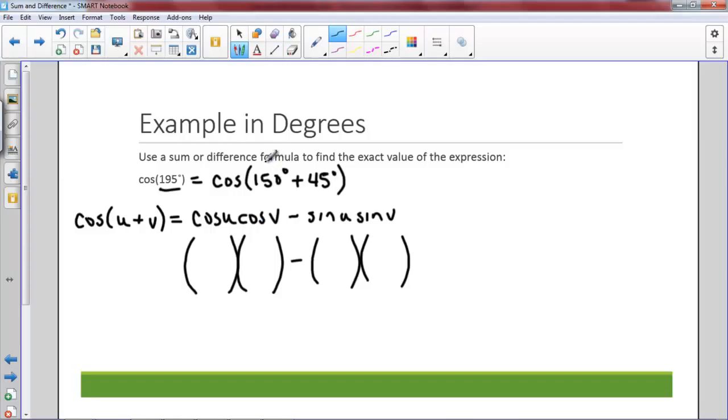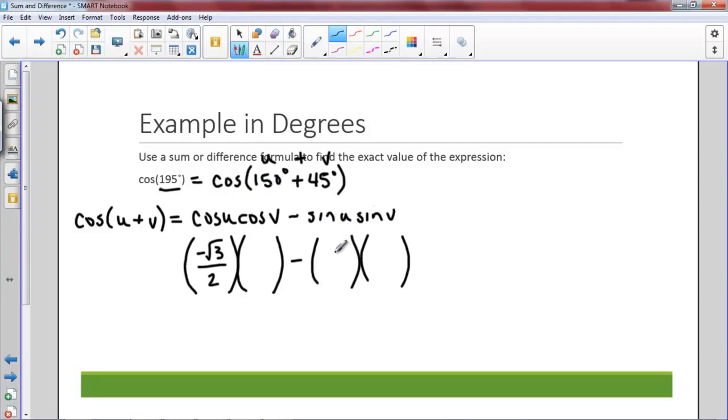Cosine u plus v. So my u is 150 degrees. So here I'm looking for what is the cosine of 150 degrees. If we look on our unit circle, we will find it's negative root 3 over 2. Staying with u at 150 degrees, we can also go ahead and find the sine of u.